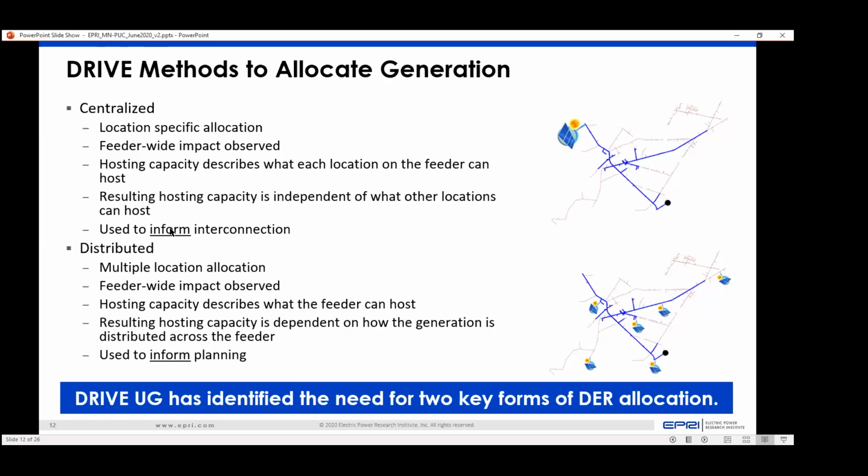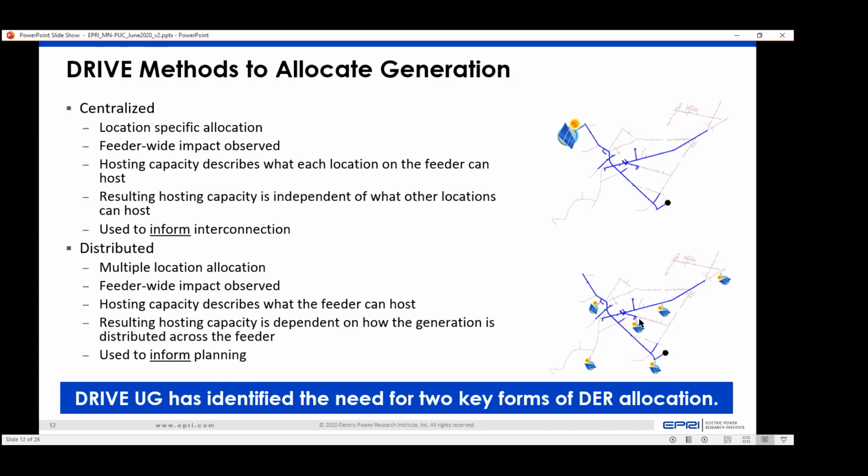And the primary use case for this is for informing interconnection. Now, I can determine that this particular location can accommodate X megawatts of hosting capacity. So that could be used to inform someone that wants to interconnect DER there, saying this location could accommodate X megawatts.